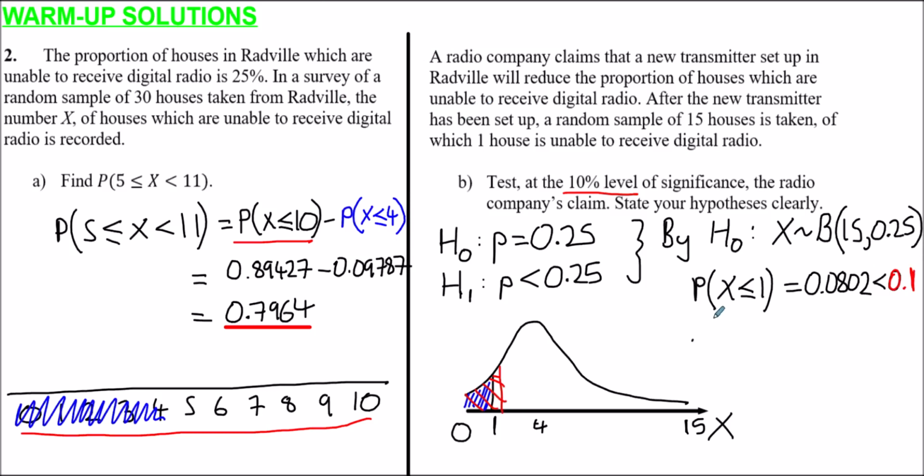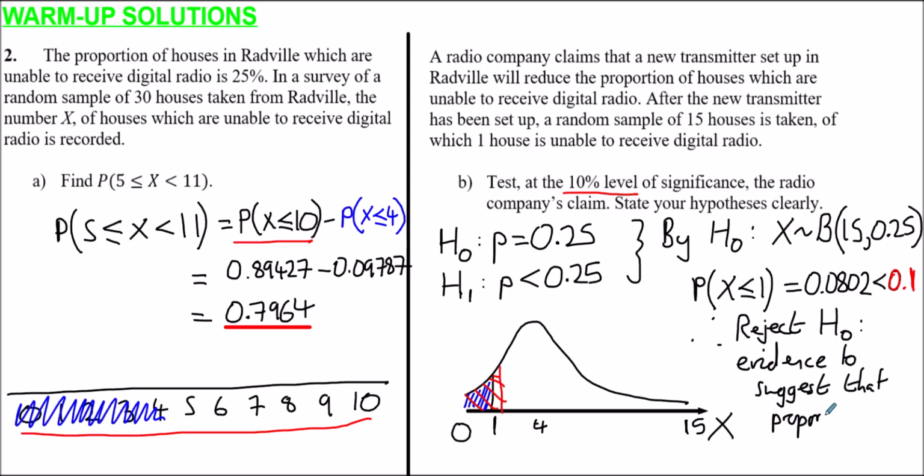So therefore, because it's in the critical region, we're going to reject H0 and make reference to the context of the question. There is therefore evidence to suggest that the proportion of houses without signal has decreased.